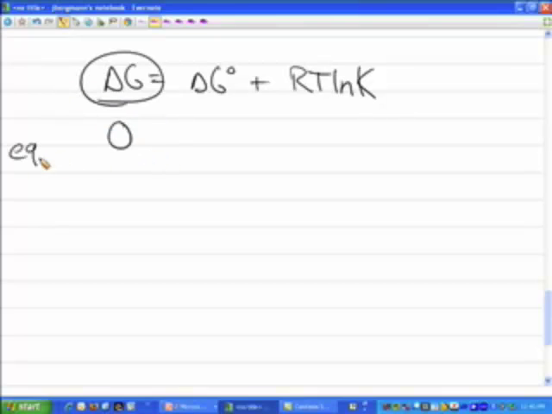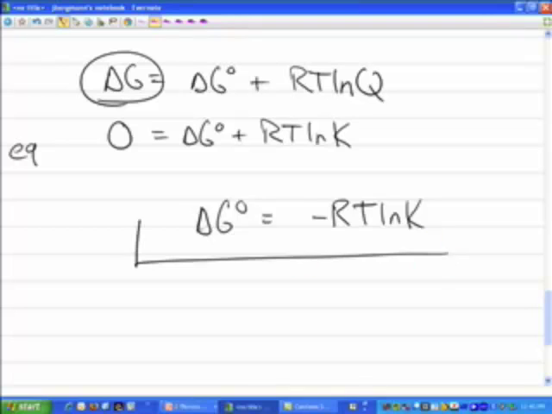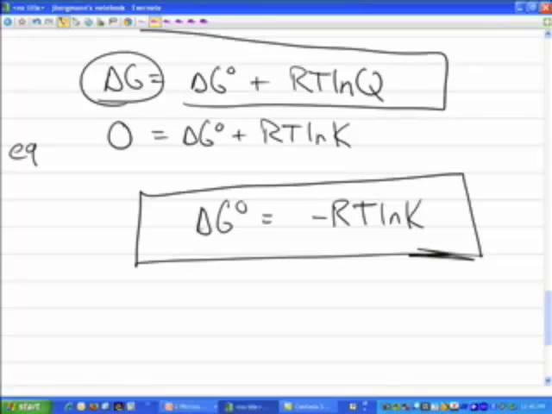So when you're at equilibrium, this should be K. If that's equal to 0, then delta G naught plus RT natural log of K equals 0. If you resolve this equation, delta G naught is equal to negative RT natural log of K. So that's where that important equation comes from.